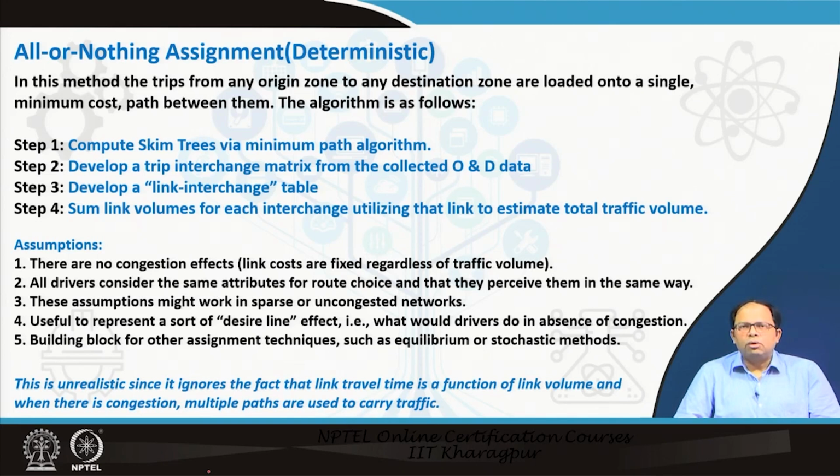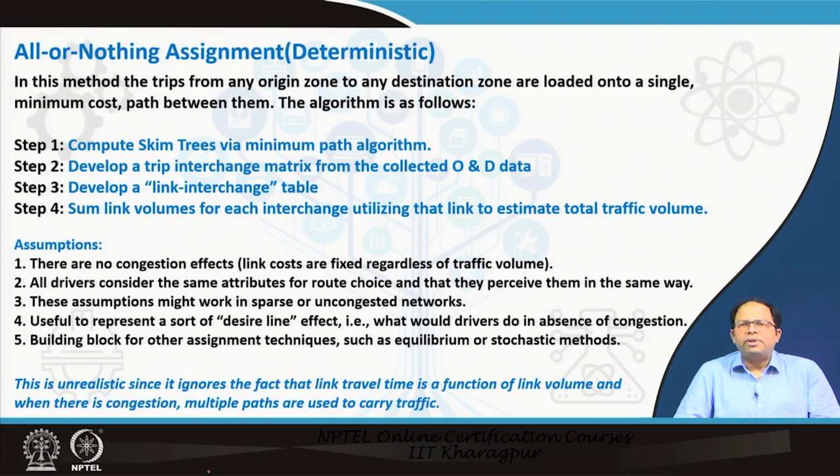That means once we know of this technique, then automatically we can gradually modify it into other techniques such as equilibrium or stochastic methods. So the different steps: in step 1 we compute the skim trees via minimum path algorithm.